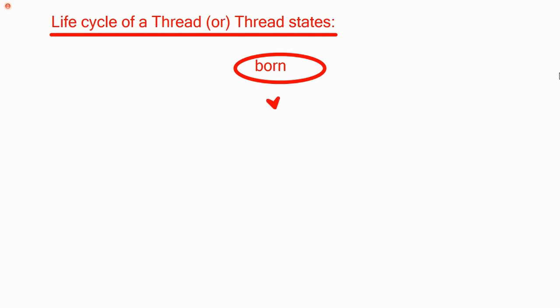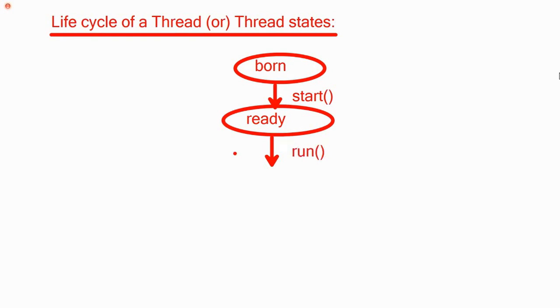After born, if we call the start method, the thread will be ready. Some initialization done, the thread will be ready for running. Whenever you call the run method, the thread will run. Now running state.